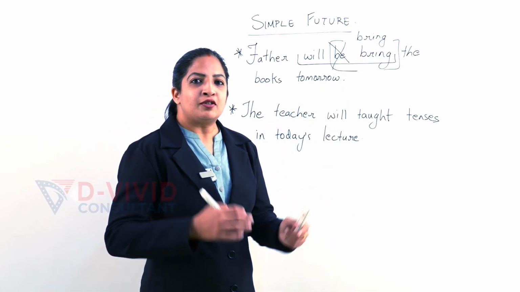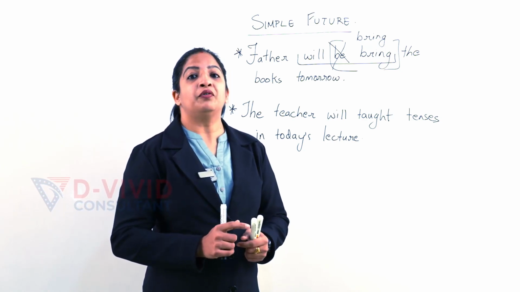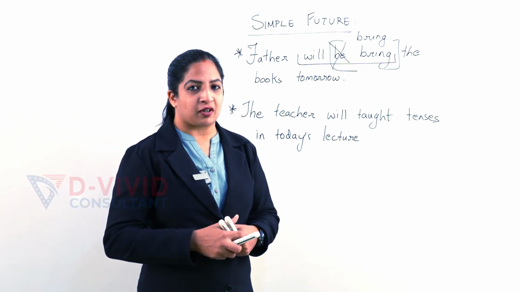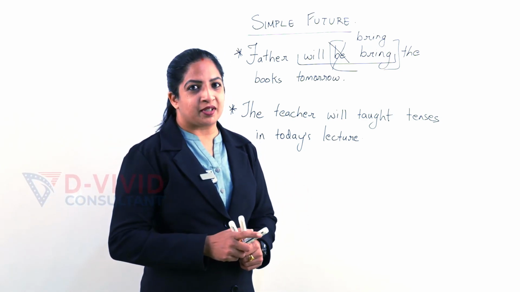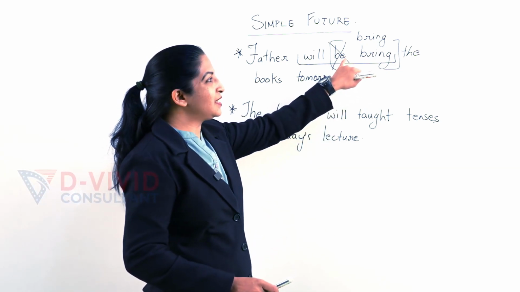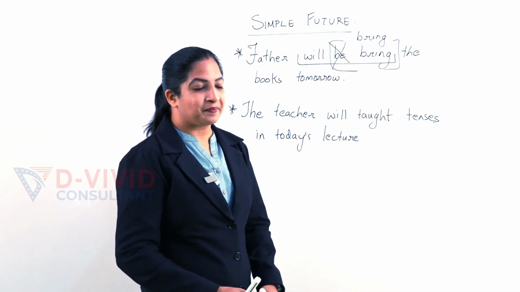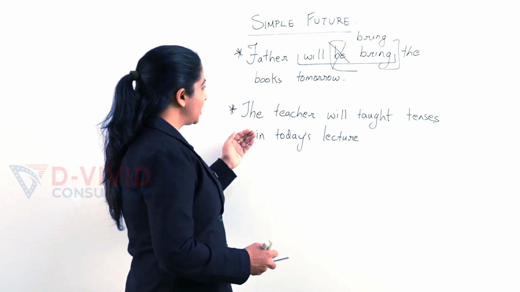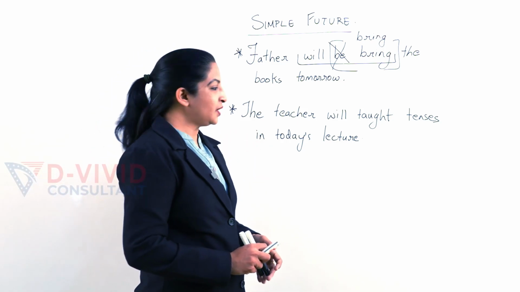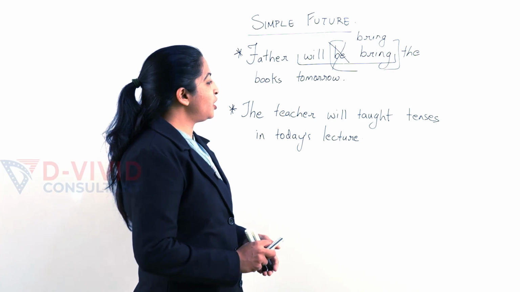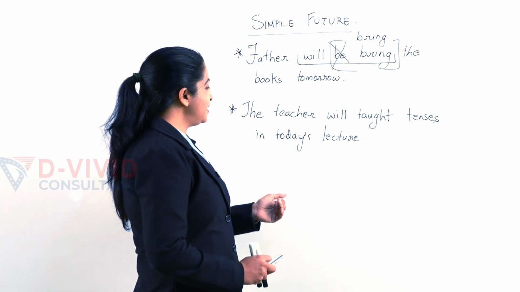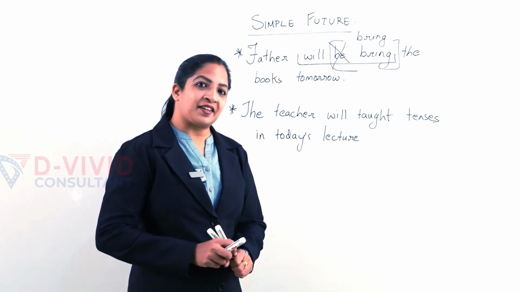So I just need one verb in simple future. I don't need two verbs. So I will remove this. This is unnecessary. Let's check this one. It says the teacher will taught tenses in today's lecture.